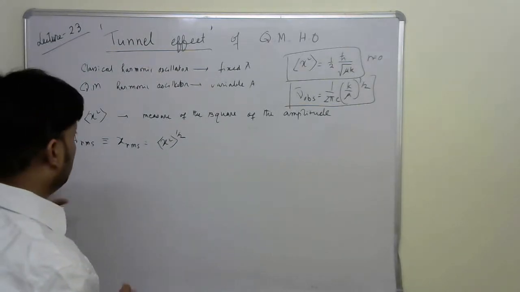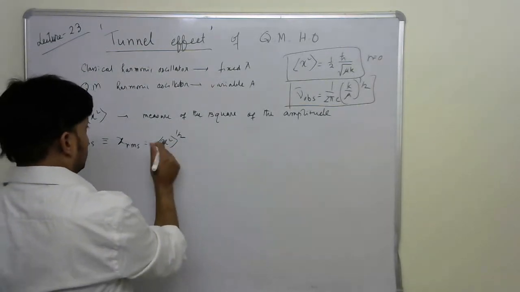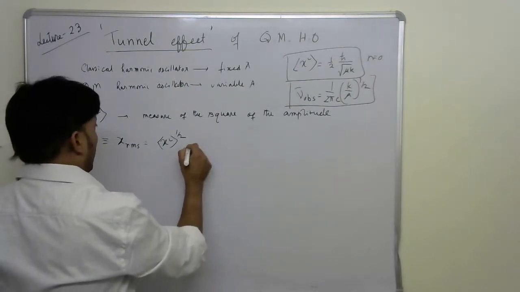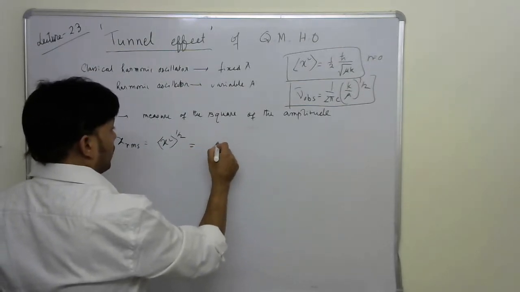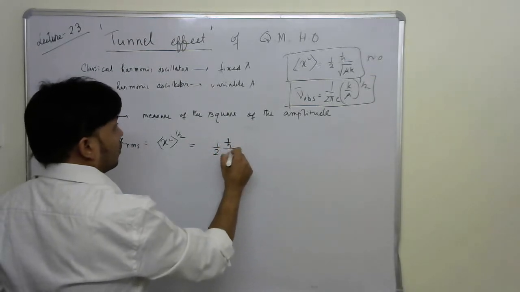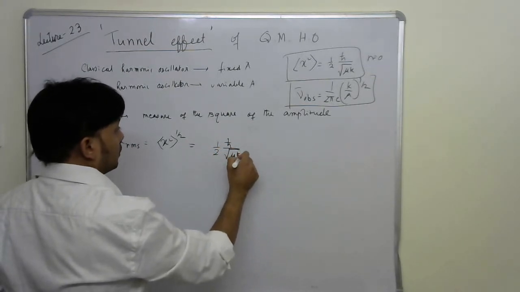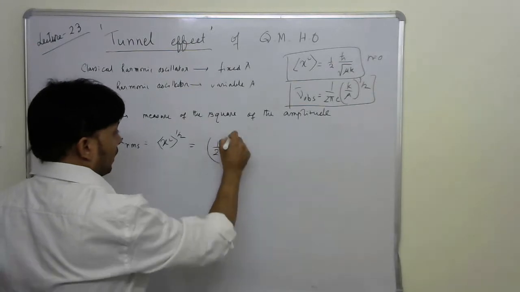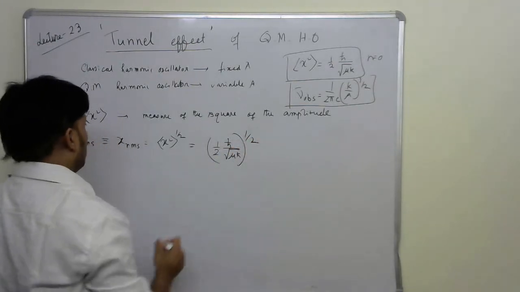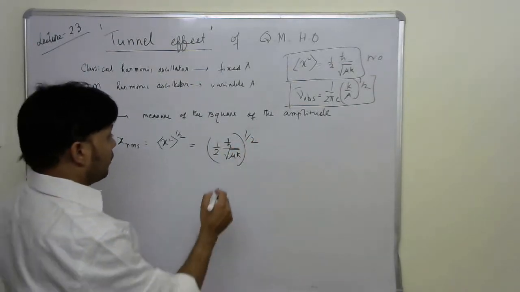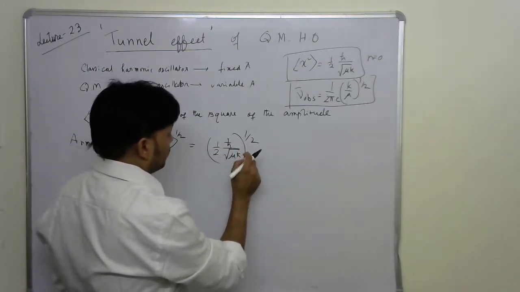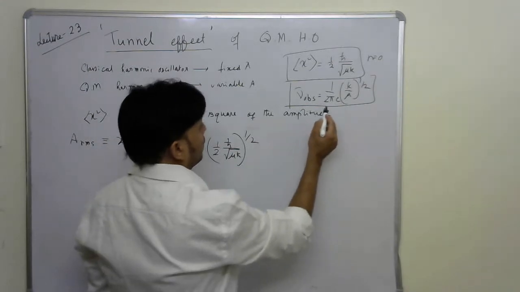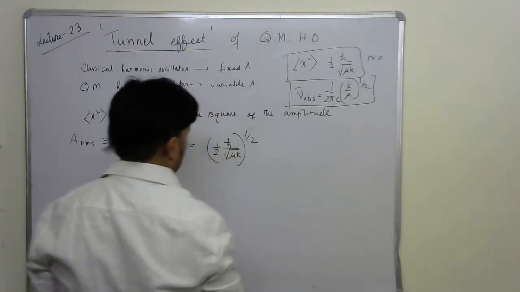Since we have the root mean square amplitude equal to the root of half of h cross divided by root over of mu k, whole to the power half, here we have the value k. We can translate this value of k in terms of nu bar observed.